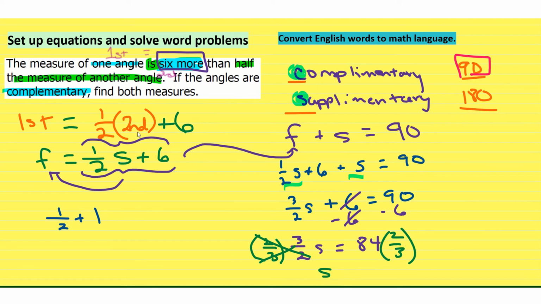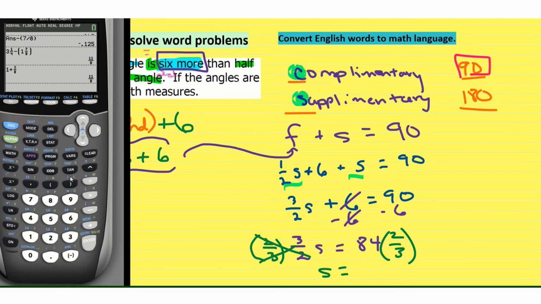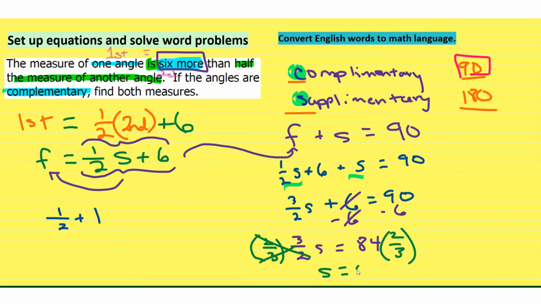Because I do not want to do that in my head, let's pull up a calculator. Calculators are useful sometimes for these bigger numbers that we don't want to do in our heads. Alpha, F1, fraction function, 2 in the numerator, 3 in the denominator, and then close our fraction parentheses, 56. So s is equal to 56.